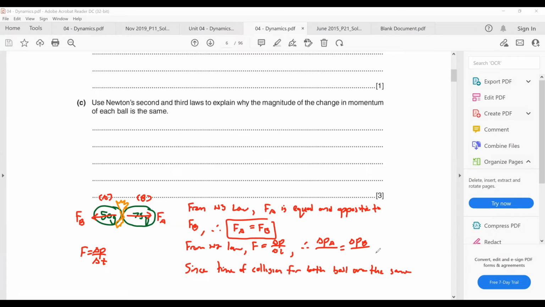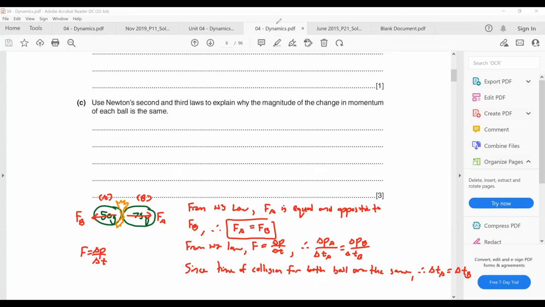This is step by step, right? Rather than writing here delta T, maybe I'll write it TA and TB. Okay, delta TA, delta TB. So here, since time of collision for both balls are the same, therefore delta TA equals delta TB.